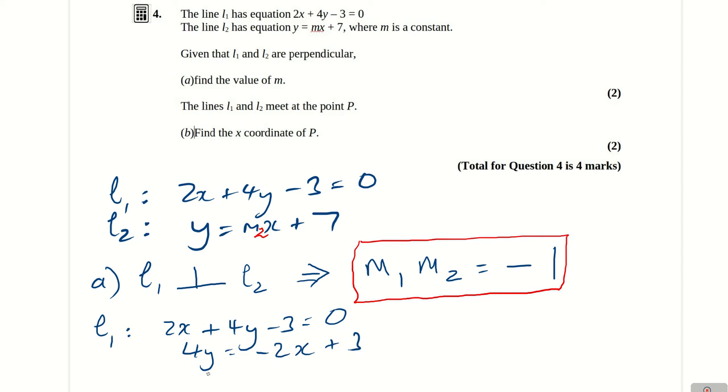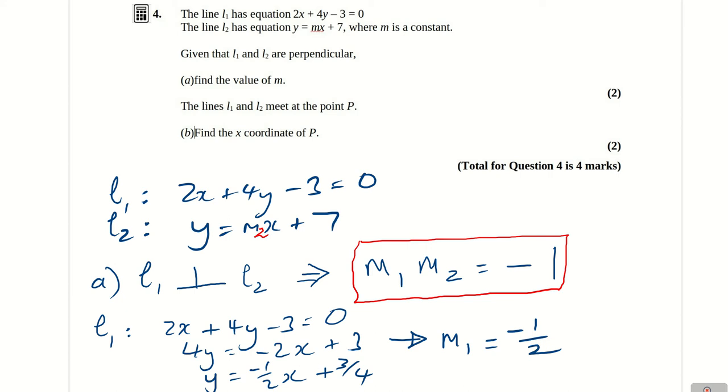Divide left and right hand side by 4. We get y equals minus 2 over 4, which is minus a half x, plus 3 over 4. Now that tells us that the gradient of the first line, m1, must equal minus a half.